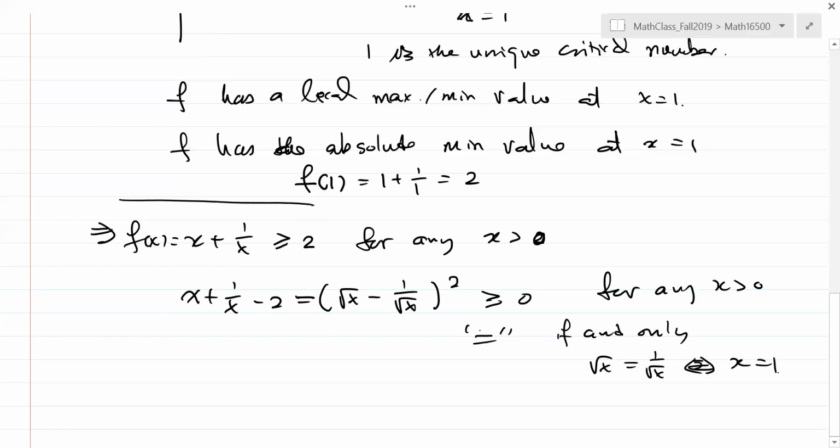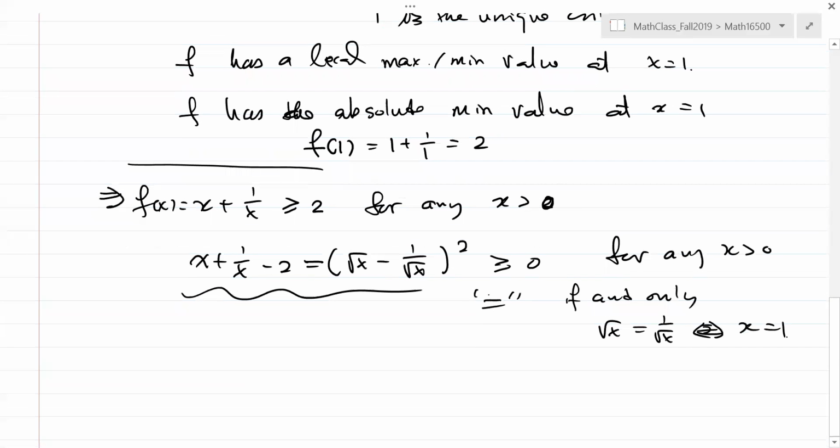Just using elementary mathematics, which means any high school or middle school mathematics. Okay? Because everybody knows, if I tell them this is true, everybody can verify that. And squares are never negative, so it is greater than or equal to 0.